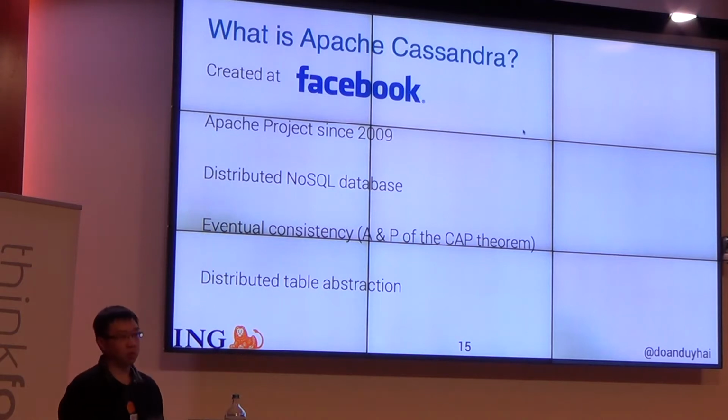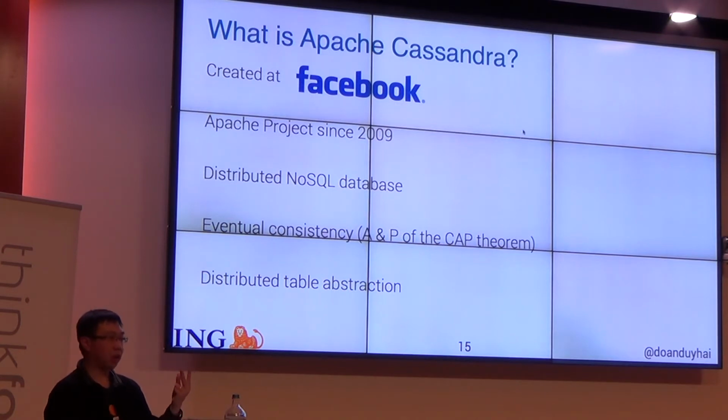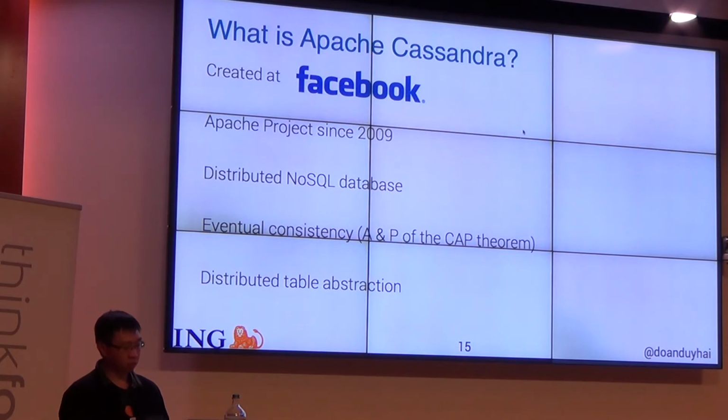For those who know the CAP theorem, A is high availability, P is partition tolerance, C is consistency. Out of the 3 features, you can only have 2 of them. So Cassandra chose the high availability and partition tolerance side. All the NoSQL databases choose the CP.